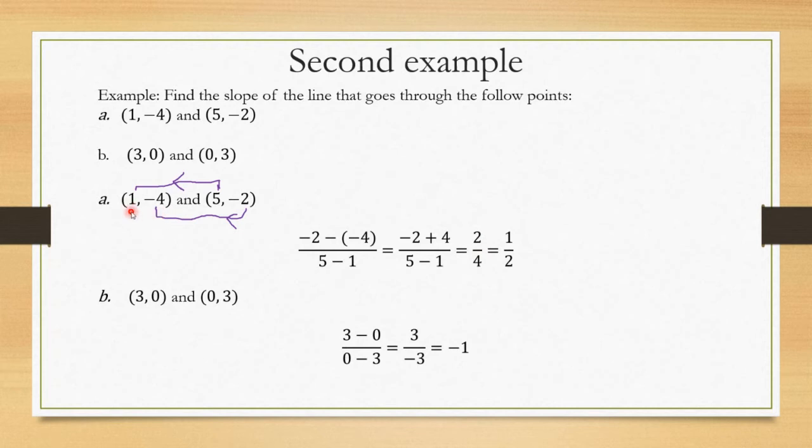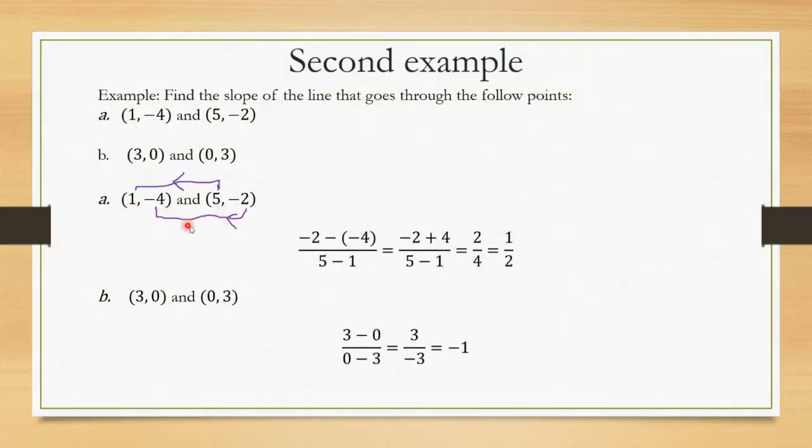If you went from this point to this point where your x coordinate is increasing, from 1 to 5, what does the y coordinate do? That also increases. It goes from negative 4 to negative 2. That's why the slope is positive. That's another way of seeing it. If you increase your x, going from one point to the other in the direction of increasing x coordinate, the first number, y increases too.